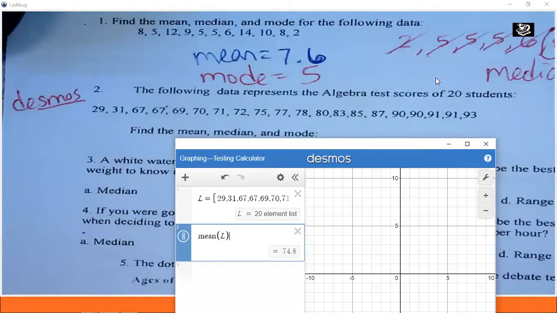If you're using the wrong bracket, it'll only work if you use the square brackets. Did it work? Did you get 74.8?